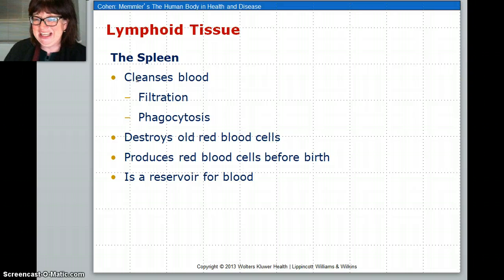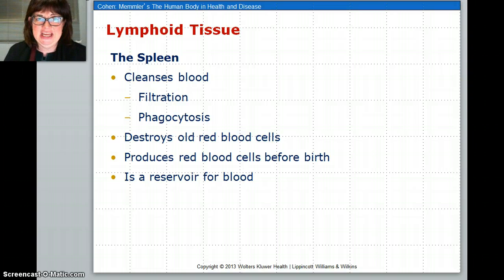The spleen is cleansing the blood. It filters it. It has phagocytosis, which are those white blood cells that come in and destroy old blood cells. It's also the location of red blood cell production before birth, and it's also a reservoir for blood. Easily damaged, and it can be removed, and your liver will take over some of the function.